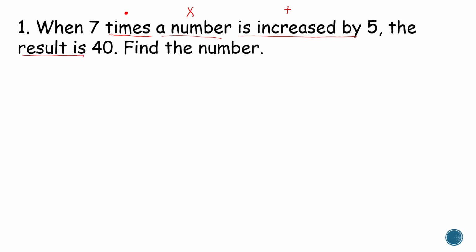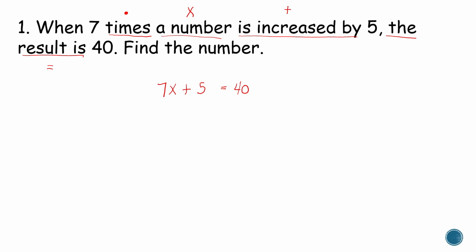The result is, again, there is an equivalent symbol for that in mathematics. That means the equal sign. 40 is obviously 40. So now let's put those symbols and numbers together into an equation. 7 times a number increased by 5 is equal, or the result is 40.